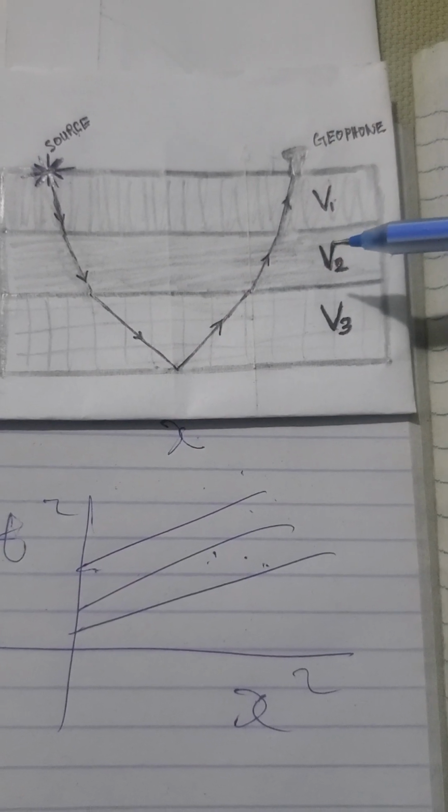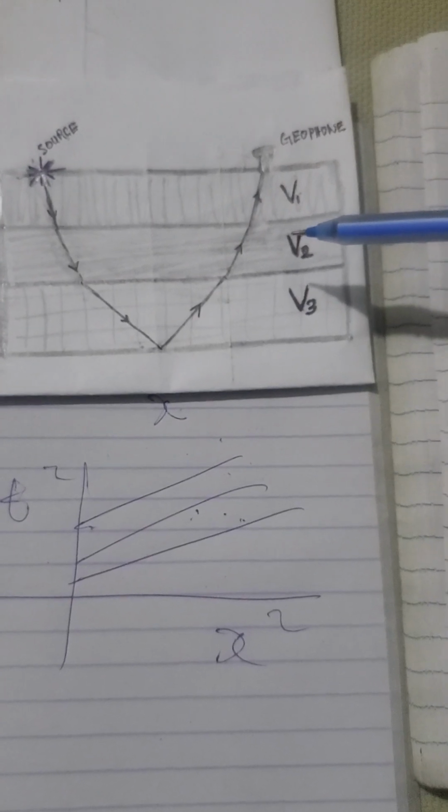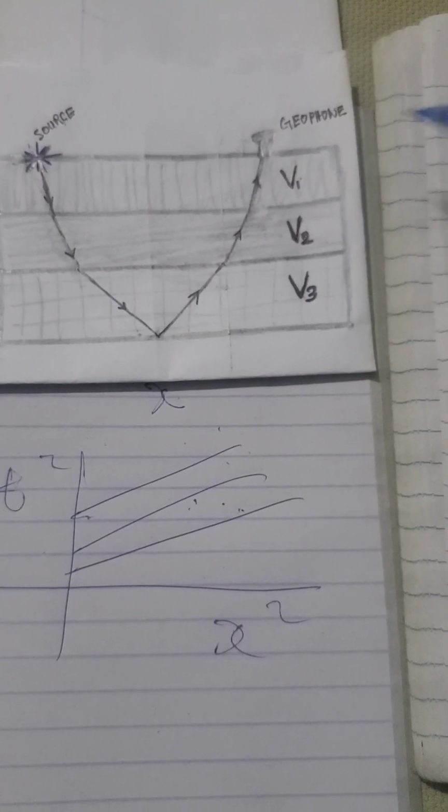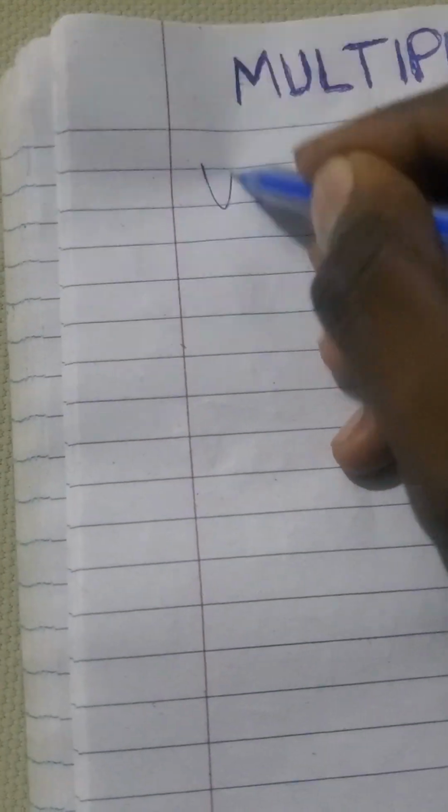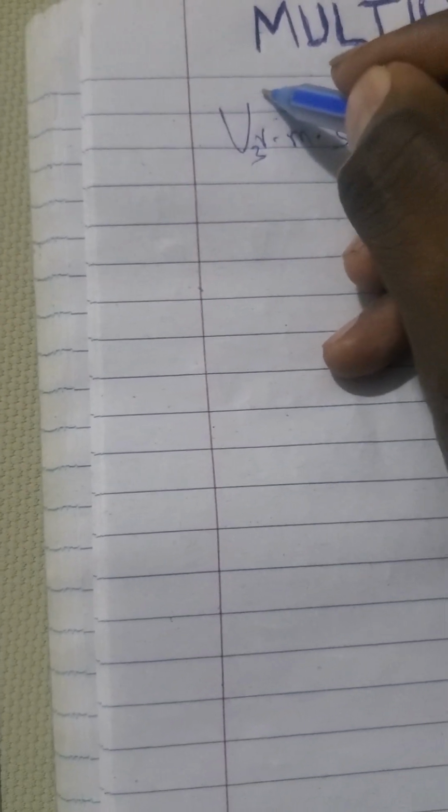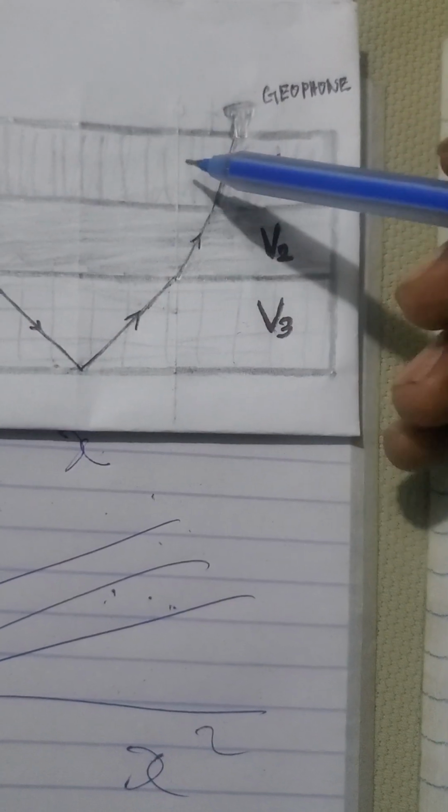How does it work? Well, the Dix equation says that the root mean squared velocity for these three layers, the square of it, will be as follows. Look at these three layers.